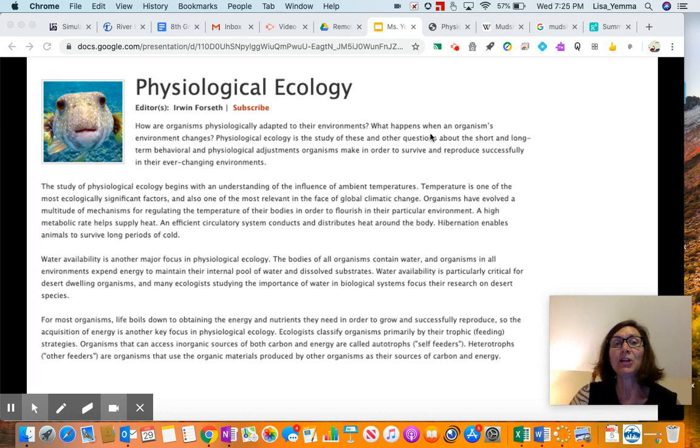So what happens when an organism's environment changes? And so here's a couple of good questions. What are the things about the organism that help it survive where it lives? And what happens if that environment changes? And we are definitely in this spot in the world. I just got the most recent National Geographic at my parents' house, and this month's issue is all about the major decline in insect populations.